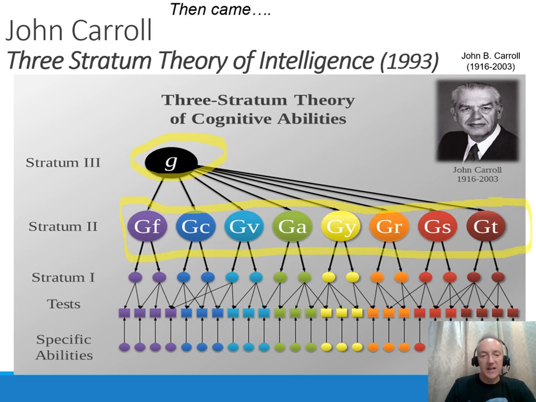Under every single broad ability, you could have some very specific skills or narrow abilities. Two of the broad abilities he mentioned were fluid reasoning and crystallized intelligence, which were the same ones Cattell and Horn were talking about.